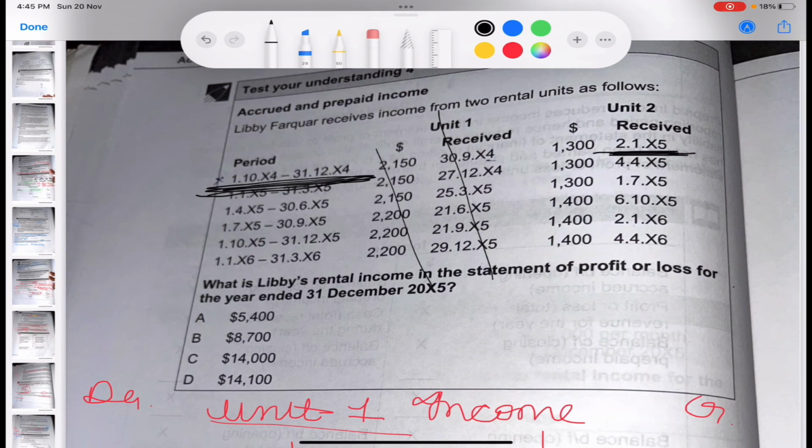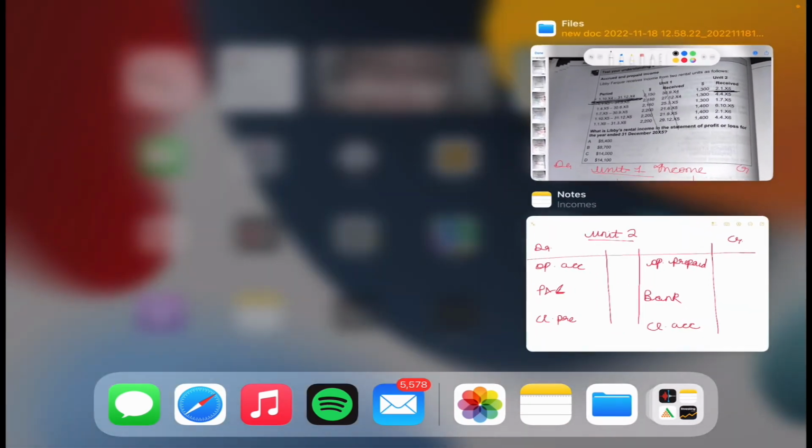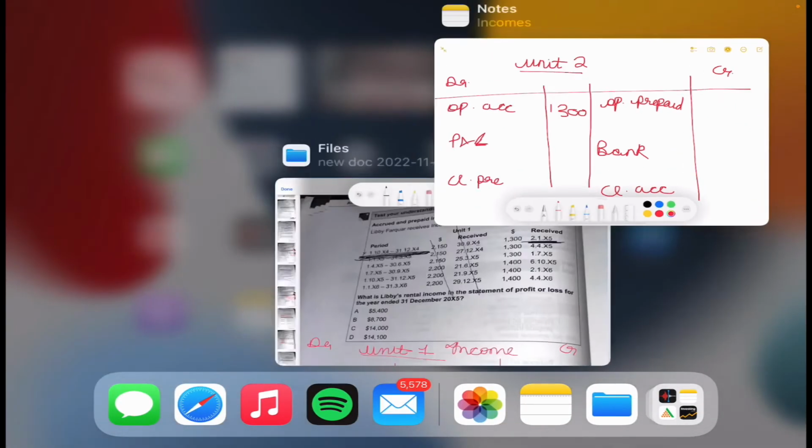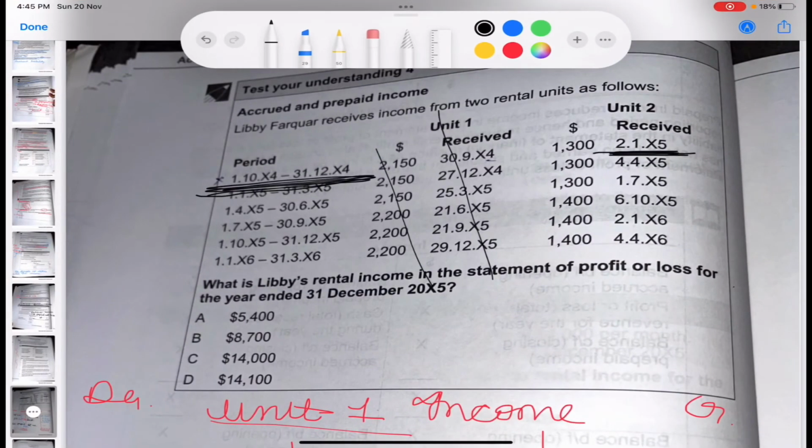Why? Because they took the services in 2014, but they have not paid until it was 2015, which means it is my accrued income. So this was of the previous year, so this will be my opening accrued, which is 1,300. Fine. Next one.